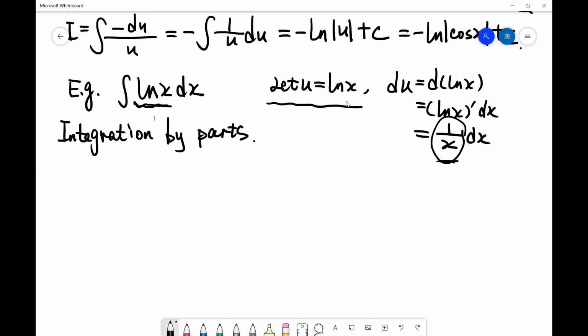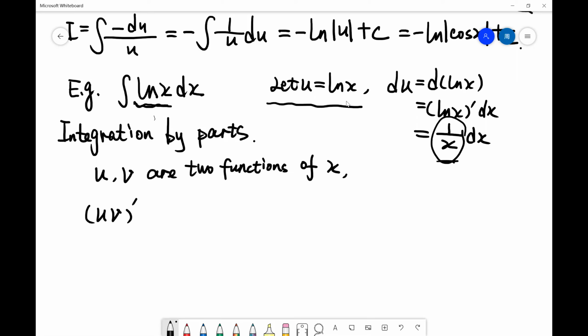So here, if u and v are 2 functions of x, then we have learned (uv)' equals, can you remember that? (uv)' equals u'v plus uv' here, right? (uv)' equals u'v plus uv' here.